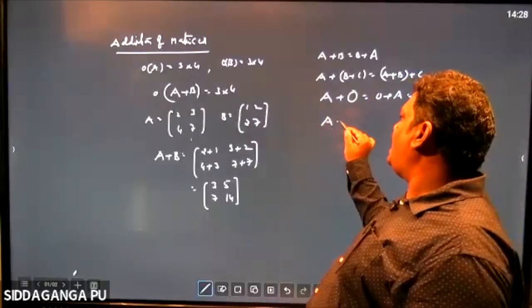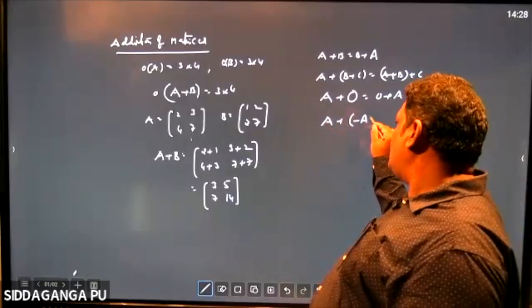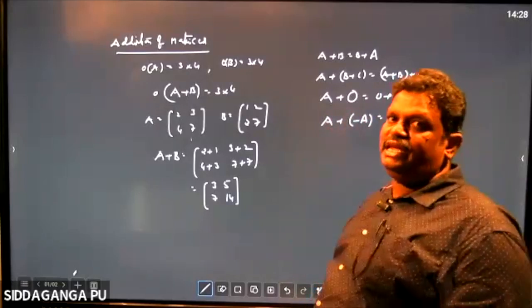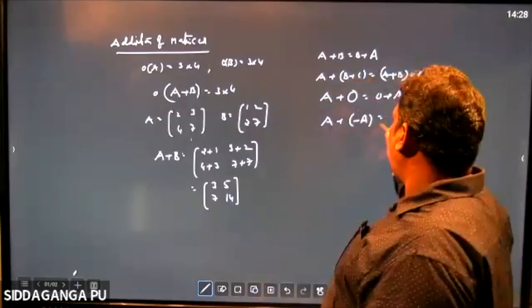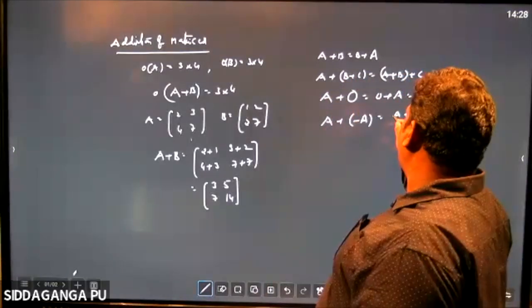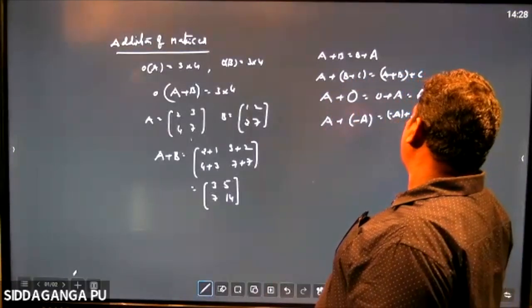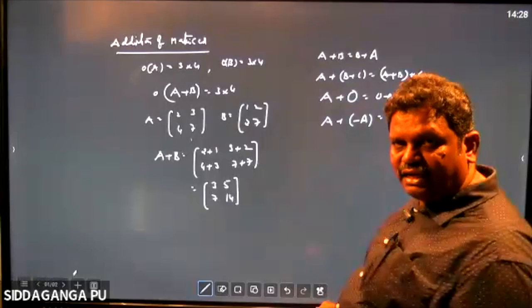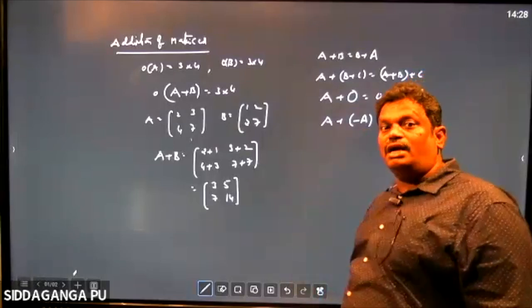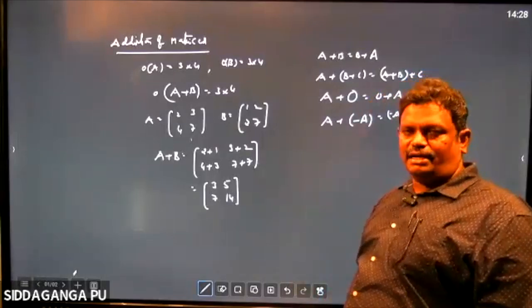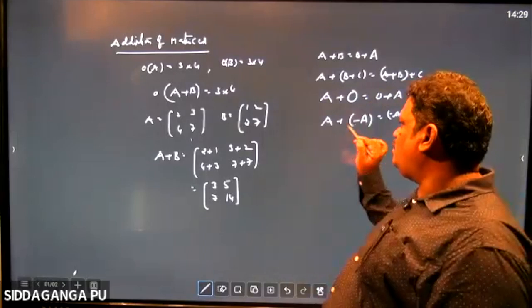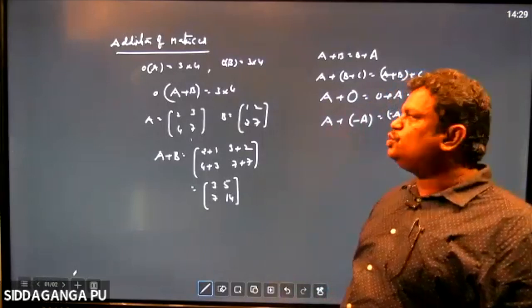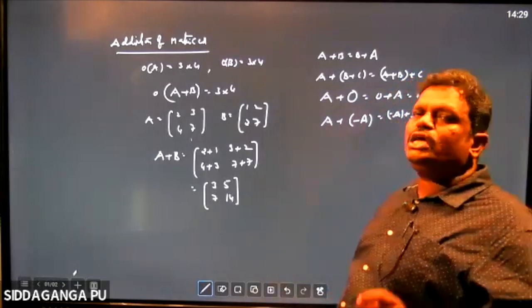Now we can add a matrix with the negative of that matrix: A plus minus A, that value must be 0. At that time this minus A is called the additive inverse of A. So these are the properties of matrix addition.